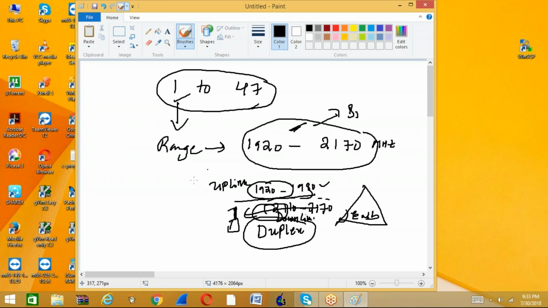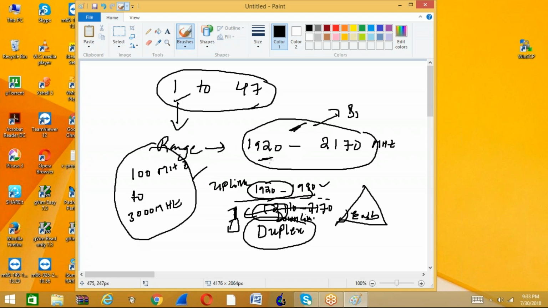Initially, out of the 100 megahertz to 3000 megahertz range of RF radio signals, I picked this range, 1922 to 2170, as one part. Now in this part I am further dividing it: 1920 to 1980 megahertz is uplink, and 2110 to 2170 is downlink.